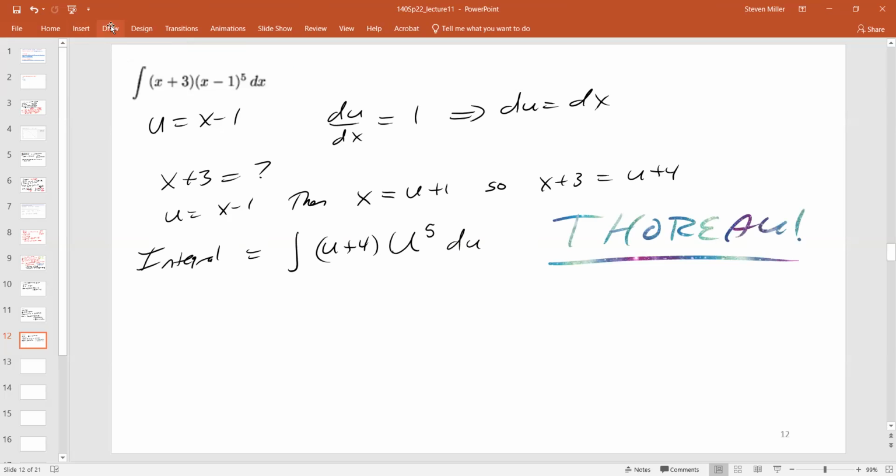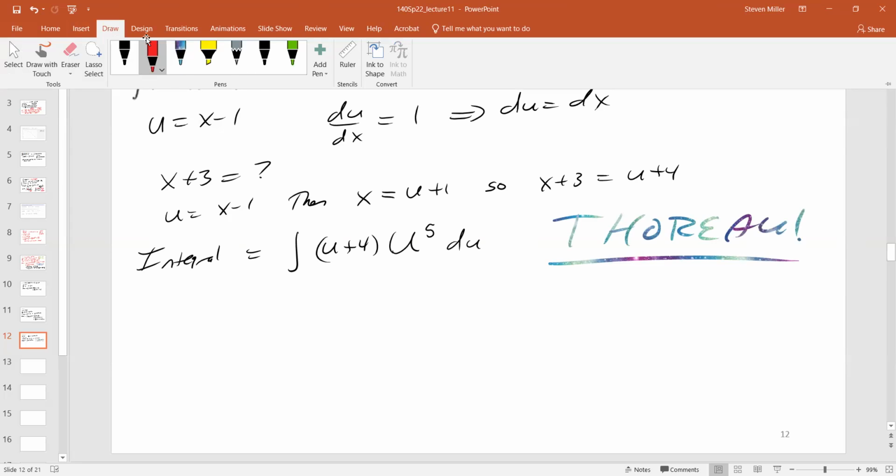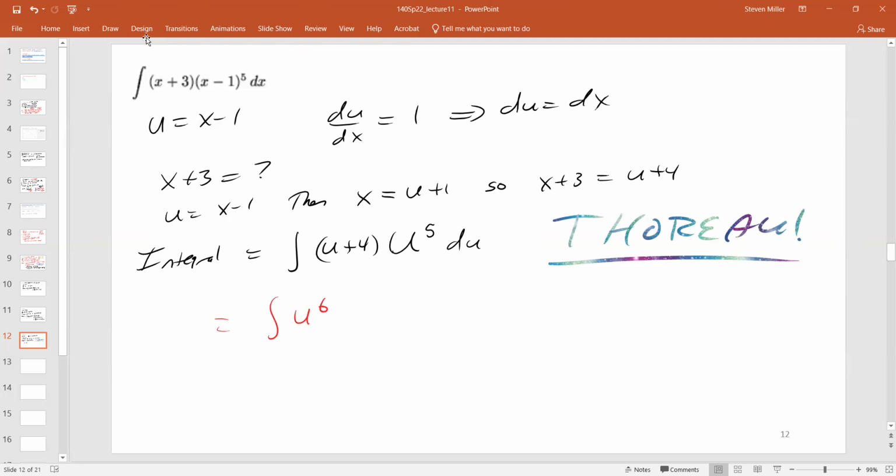And so if we distribute, this is now going to just be the integral of u to the 6th du plus 4 times the integral of u to the 5th du. So it'll just be 1/7 u to the 7th plus 4/6, I know I could reduce it, u to the 6th plus c.